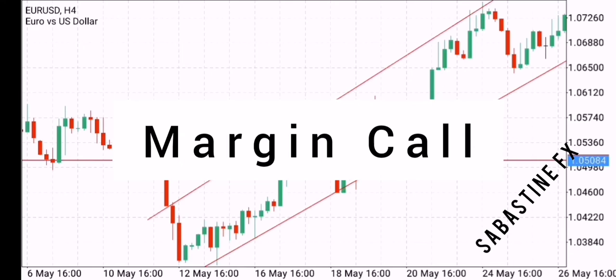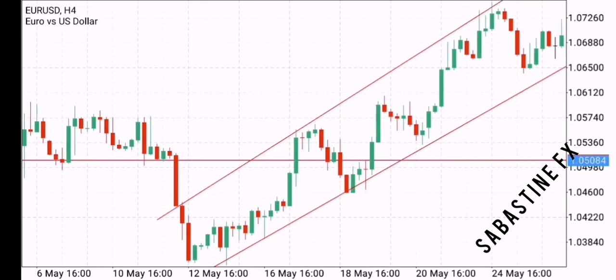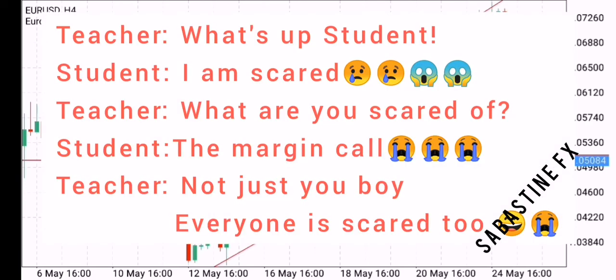And that is called the margin call. A margin call occurs when your broker notifies you that your margin deposit has fallen below the required minimum level because an open position has moved against you.